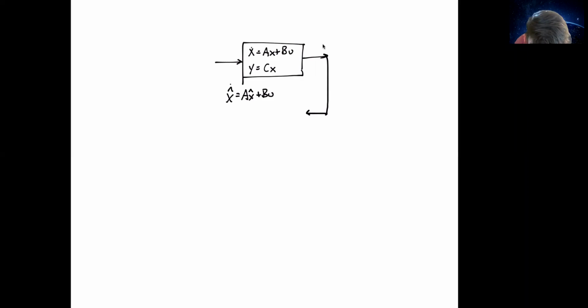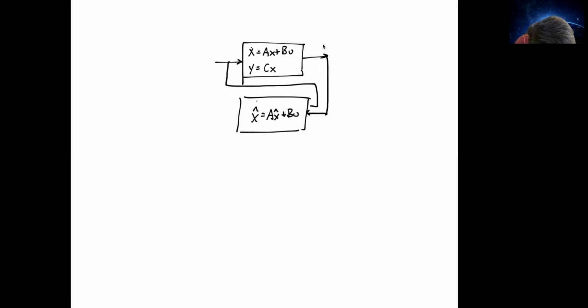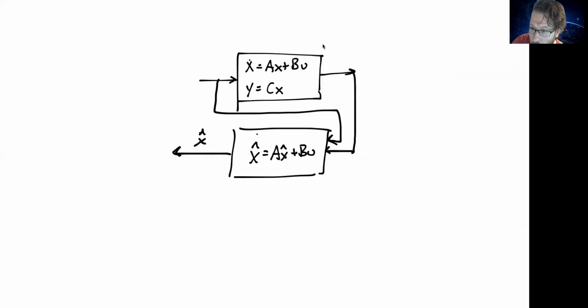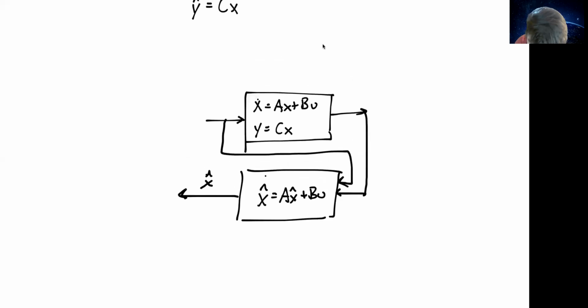So let me move this down here. Draw a box around that. Then we have to take a line from the output and also make that go into the input there. And now we can take this output, which is x hat now. So let's see, what do we have here? We have u, we have y.